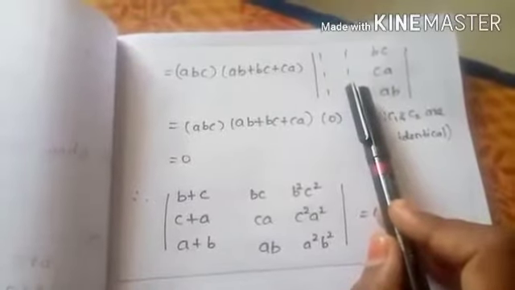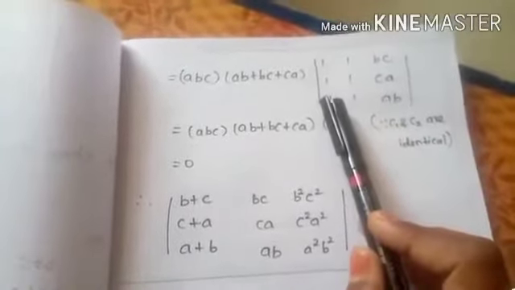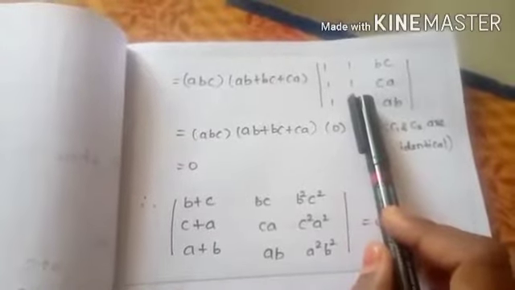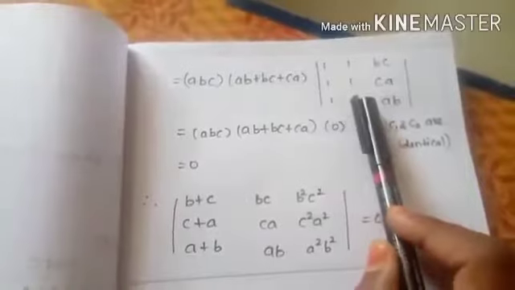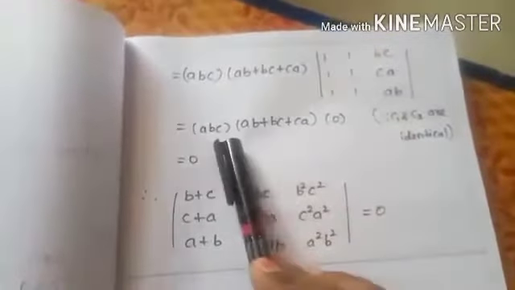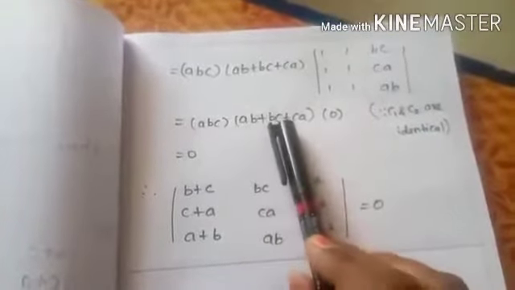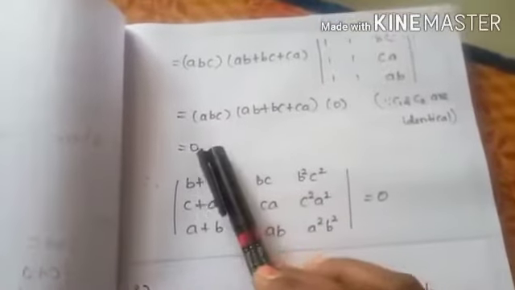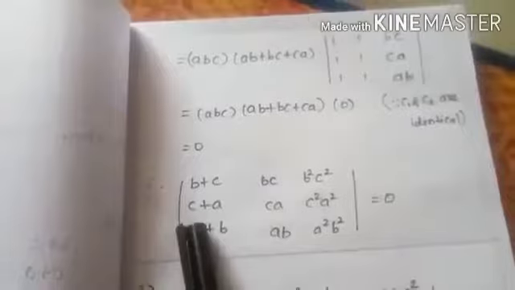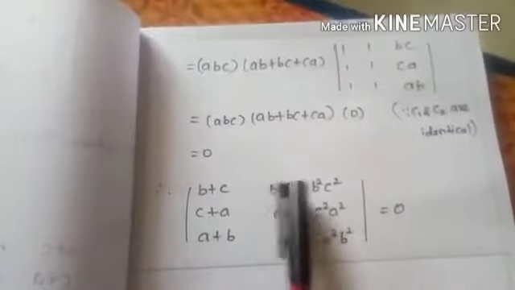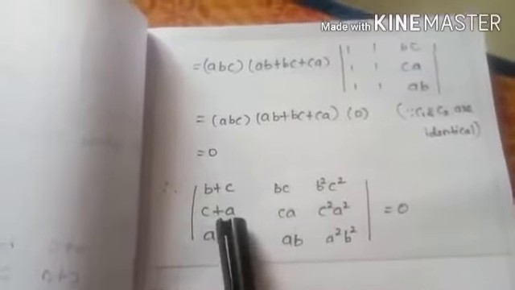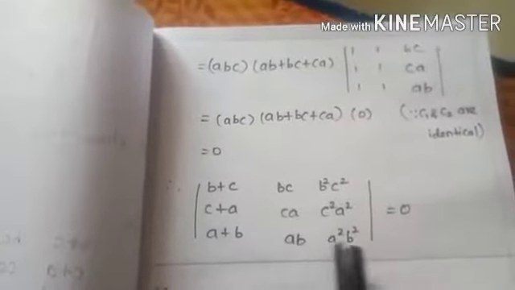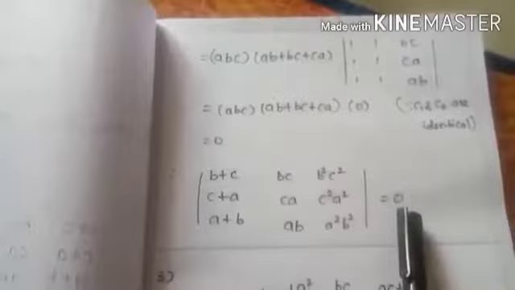So this equals abc into ab plus bc plus ca into 0, and 0 into anything is 0. Therefore, the determinant of b plus c, bc, b squared, c squared; c plus a, ca, c squared, a squared; a plus b, ab, a squared, b squared is equal to 0.